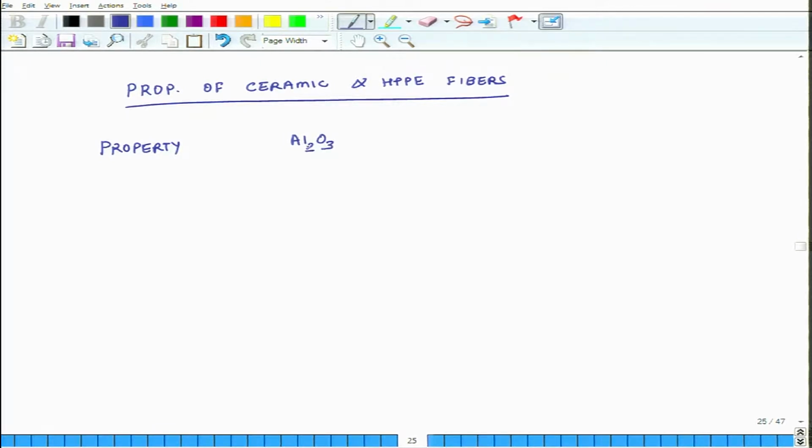The first one is alumina, Al2O3, the second one is silicon carbide fiber made through the CVD process, the third one is silicon carbide made through the pyrolysis process, and the fourth one is HPPE. Let us look at diameter in micrometers or microns: 15 to 25, 140.